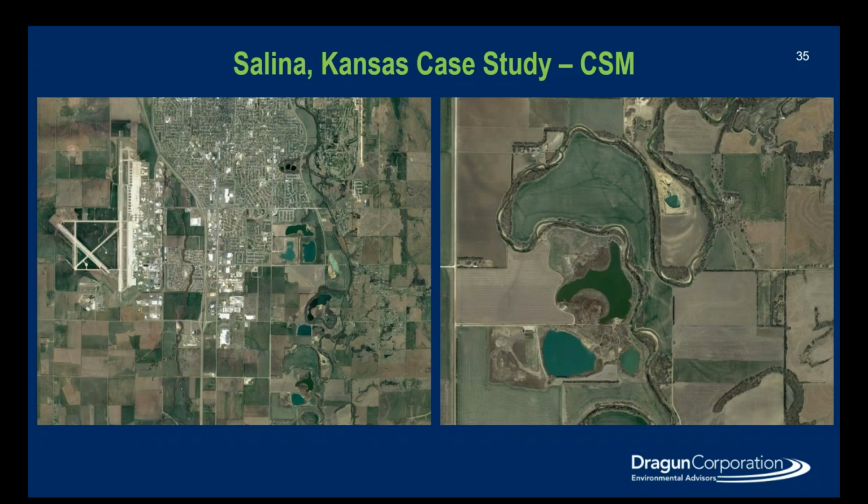And the reason this site is so complex is that it's got meandering stream geology. There are 2 streams. The main one, Smoky Hill River, is a meandering stream. What that means is it moves back and forth as it moves from south to north, and we get different types of deposits. This is a meander bend, number 1.